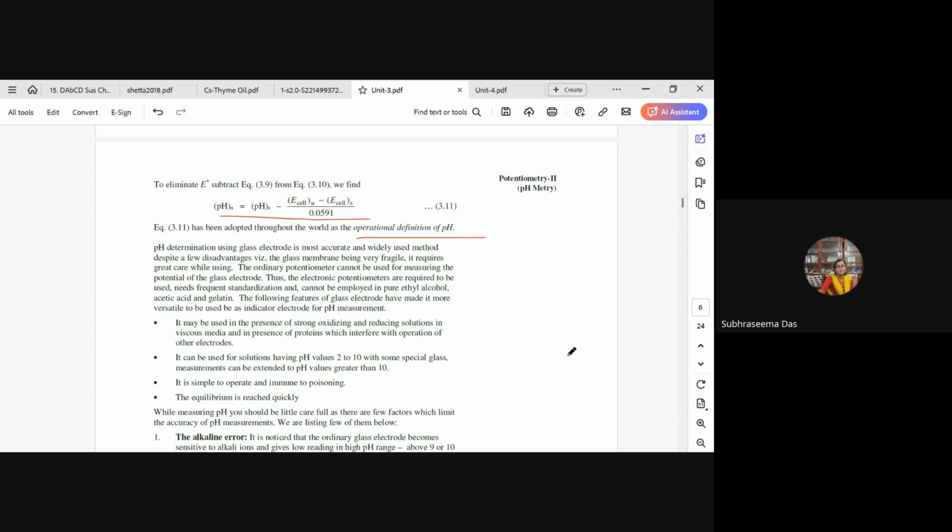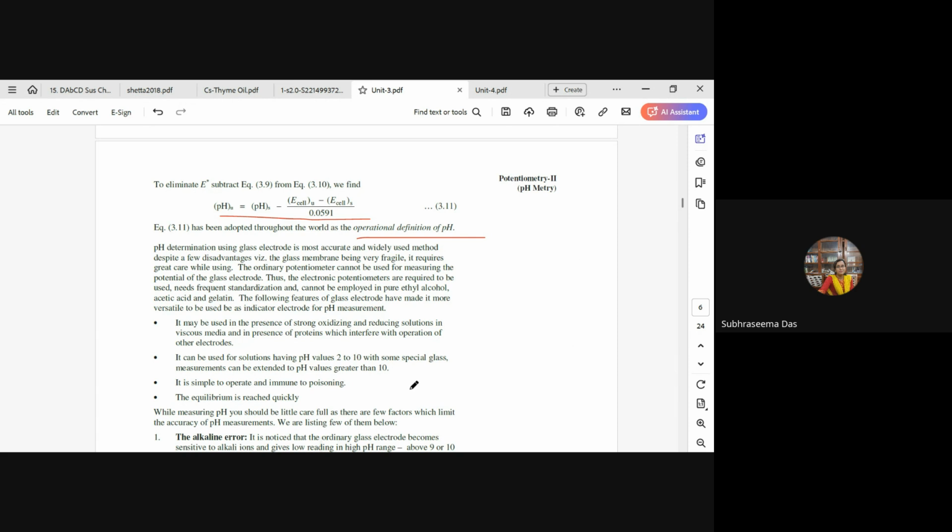Also they cannot be used in pure alcohol, acetic acid and gelatin. So, since we have so many limitations, some common features of the glass electrode that can be used for pH measurement have been made.